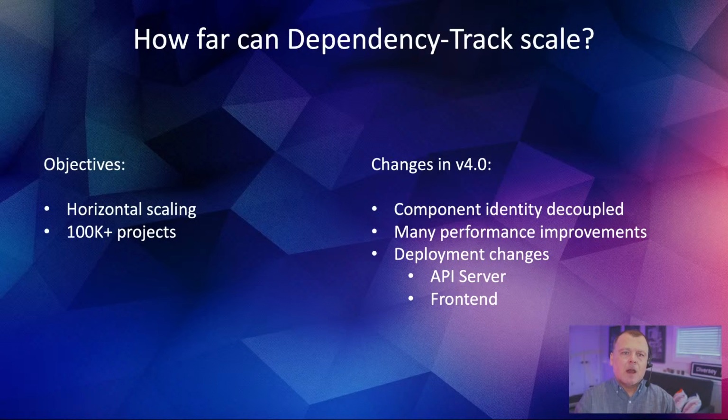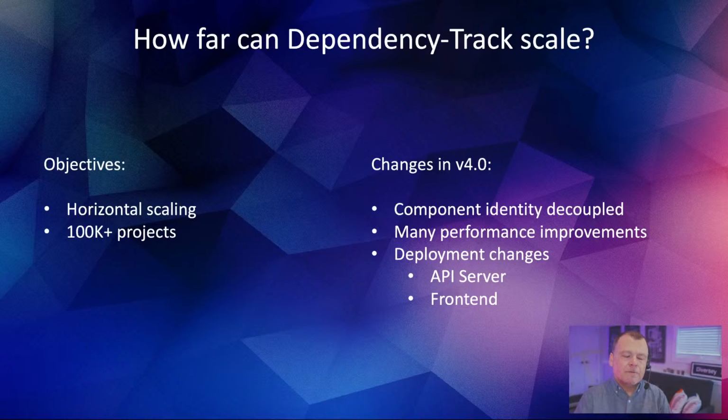Two, the decoupling is just the very start of a continuous series of decouplings. Right now, the API server accepts requests in from its REST APIs, but then it also has this asynchronous processing that it does to analyze the BOMs and make all the metric updates and all these other things that it does in the background.